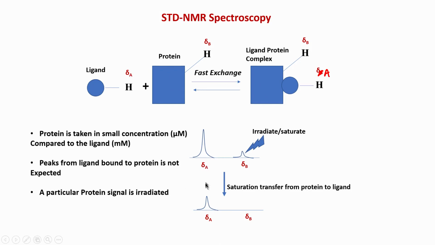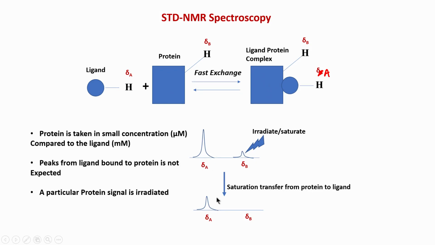So, you see now if I subtract this spectrum without irradiation, before and after irradiation. So, this is after irradiation and this is before irradiation, I will get a signal from the ligand which is reduced in intensity. This minus this will be somewhat reduced, and that is basically the idea of difference here in the name. I take a difference with and without saturation, and if there is no difference, then there is no interaction, because whether I irradiate or not, if there is no difference in the signal of the ligand, it means there is no interaction of the ligand with the protein.